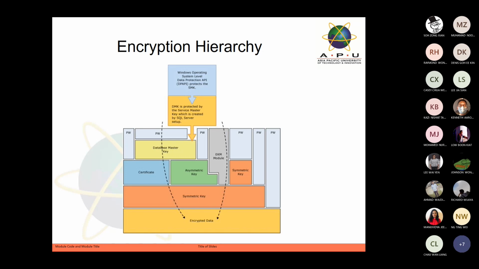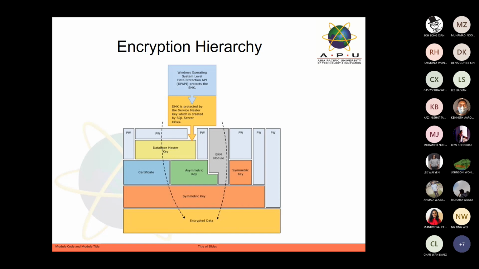In general, the Windows operating system will have something called Data Protection API. So at the Windows operating system level, we have something called Data Protection API, which stands for DPAPI. It protects the service master key. This is the first level of our hierarchy, which is the Windows encryption.